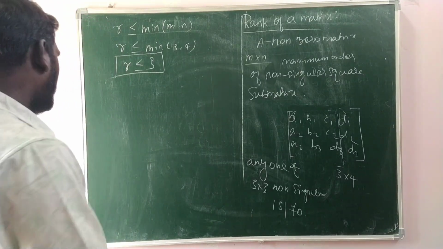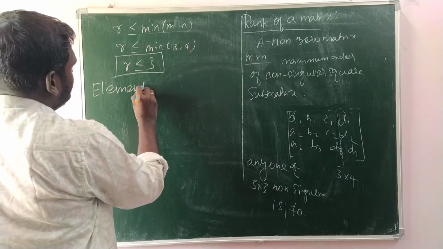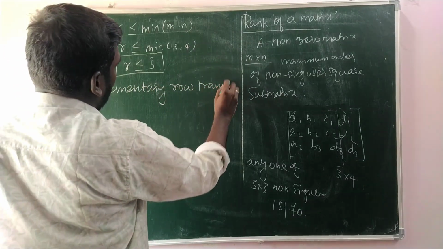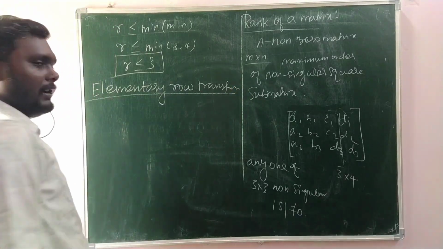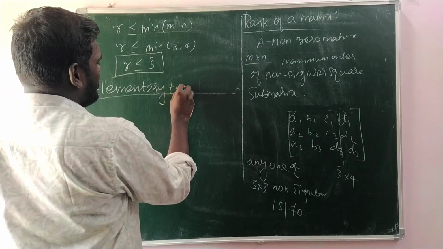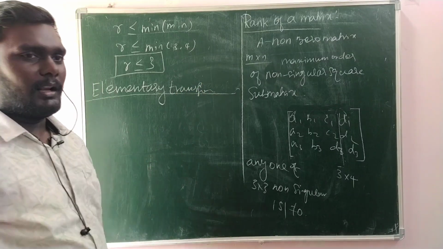Whereas we can also use elementary transformations. It is not only elementary row transformations. Elementary transformations means each element we are transforming into something.